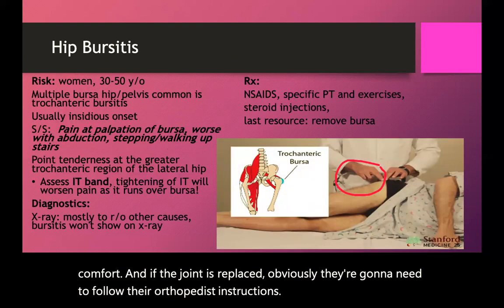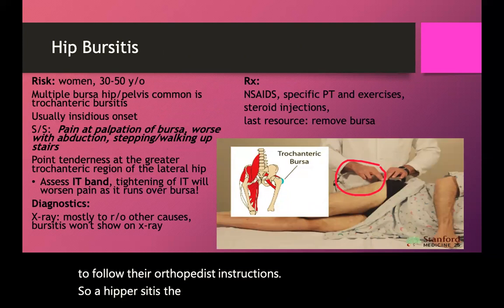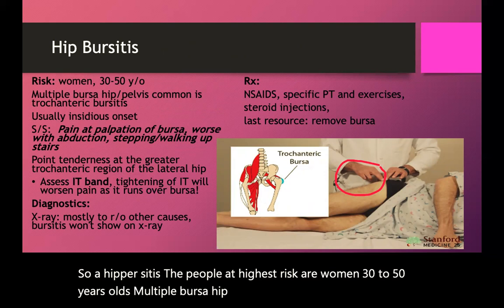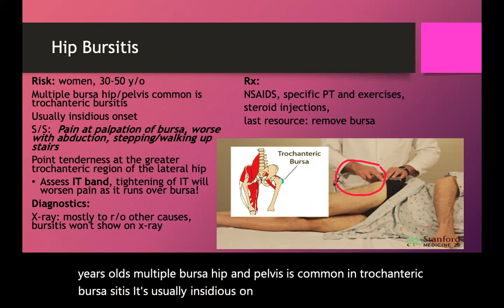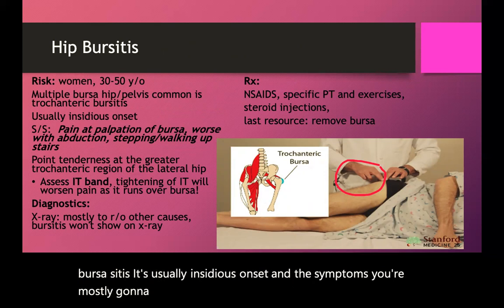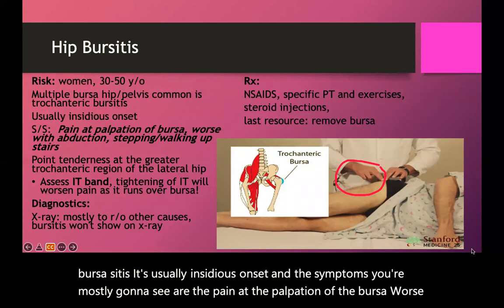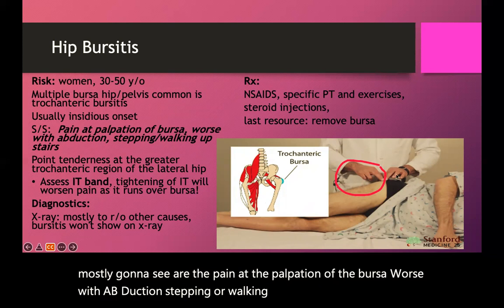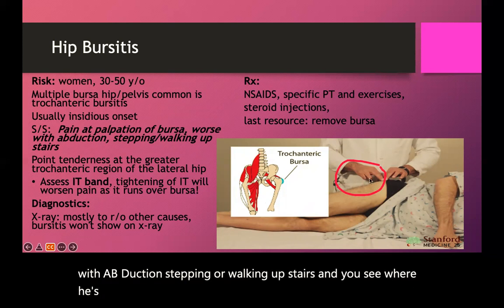So hip bursitis, the people at highest risk are women 30 to 50 years old. Multiple bursa in the hip and pelvis are common in trochanteric bursitis. It's usually insidious in onset, and the symptoms you're mostly going to see are pain at palpation of the bursa, worse with abduction, stepping, or walking upstairs. And you see where he's pinpointing, that's where you're going to see the point tenderness.